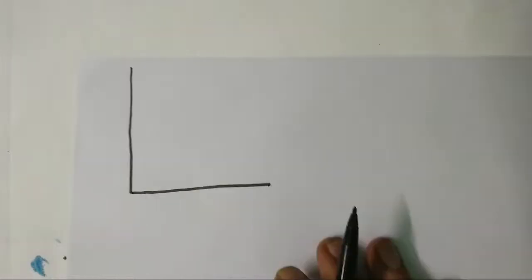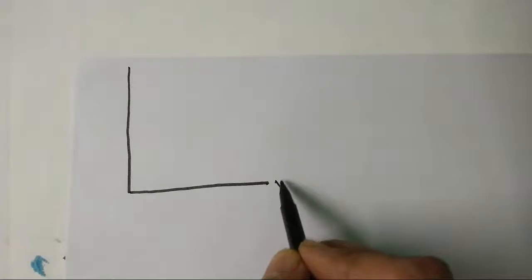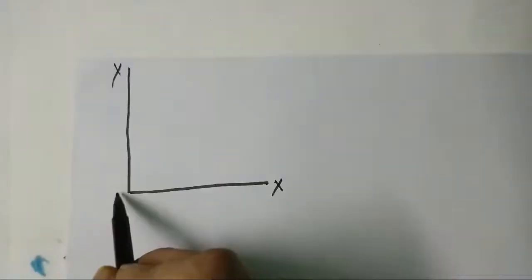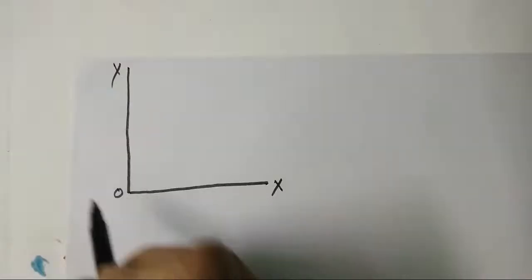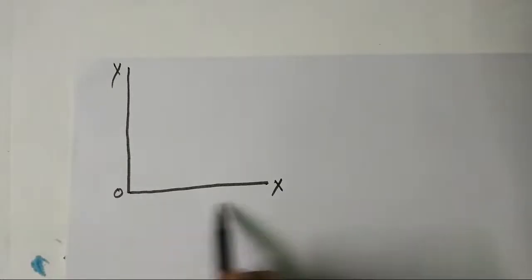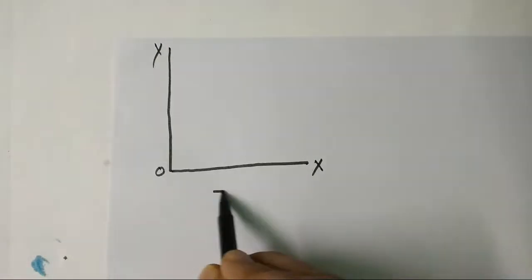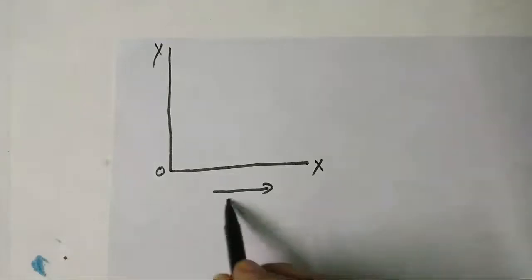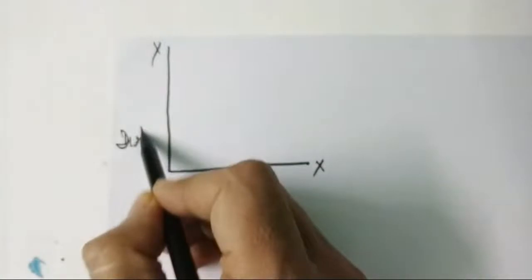If you have done coordinate geometry, this is the x axis and this is the y axis, and this is normally 0. When you make a distance time graph, on the x axis we normally show the time, and the time is increasing, and this is the distance.